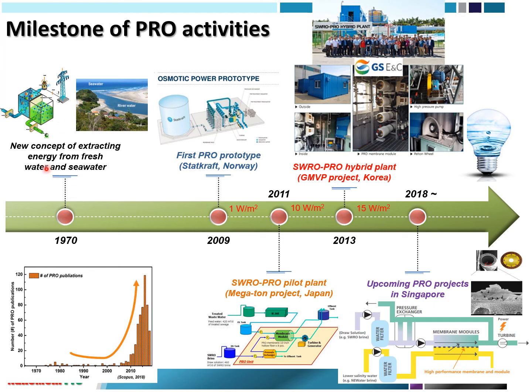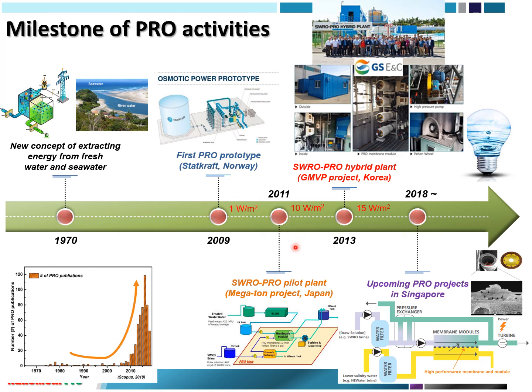This was discovered in 1970, and the first demonstration of pressure retarded osmosis was by Statkraft Energy Company in Norway. They demonstrated that 1 watt per 1 square meter of membrane can be produced. At the time, the energy production was very low.